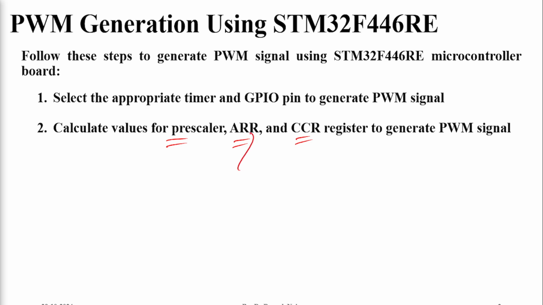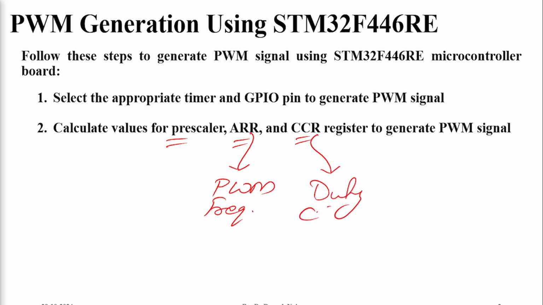If you can recall, ARR will be used to generate the PWM frequency, or we can say frequency of the PWM signal. CCR register's value will decide the duty cycle of the PWM signal.